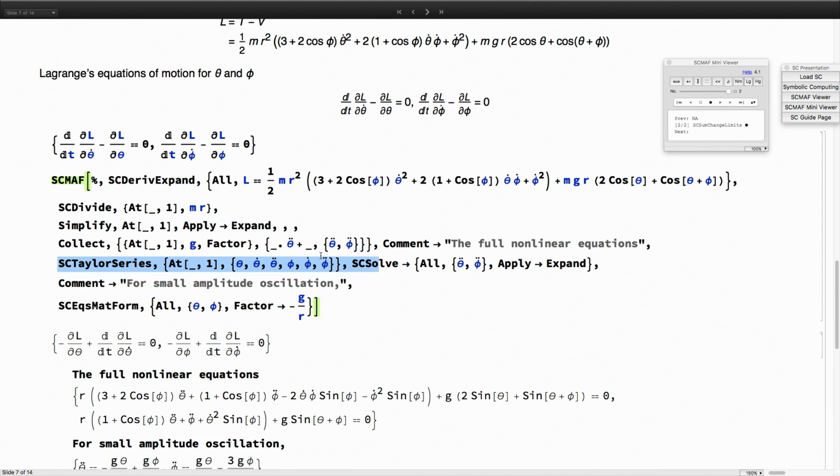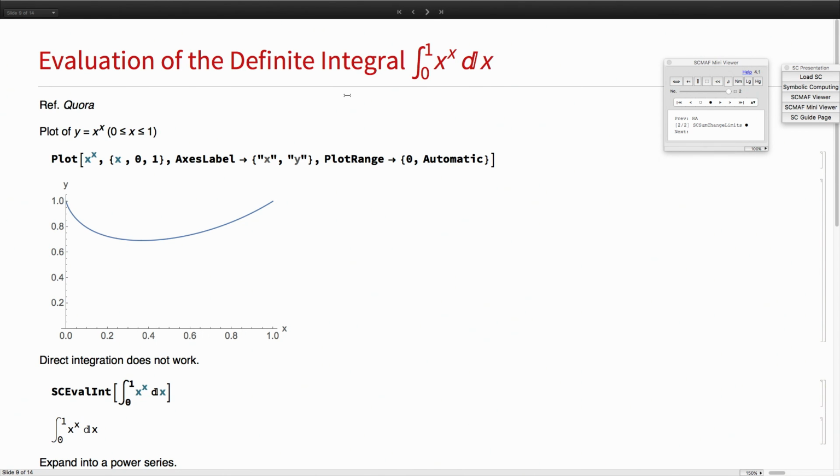If you use Series, then you will have up to 6th order actually. But the Taylor series package function expands only to the first order for all these variables. So you don't have to collect the terms that are only the first order, and it is done automatically by this function. Okay, I'll show you more examples.